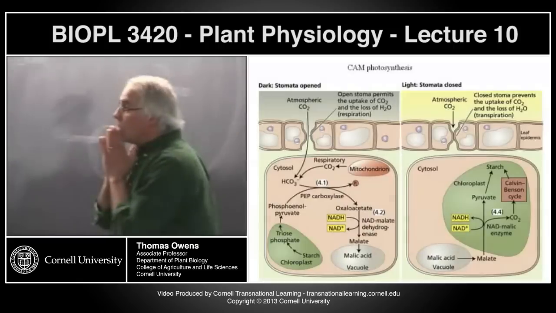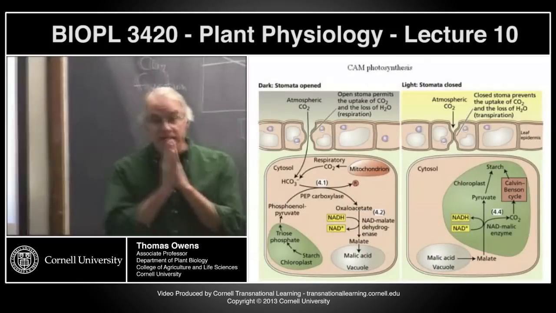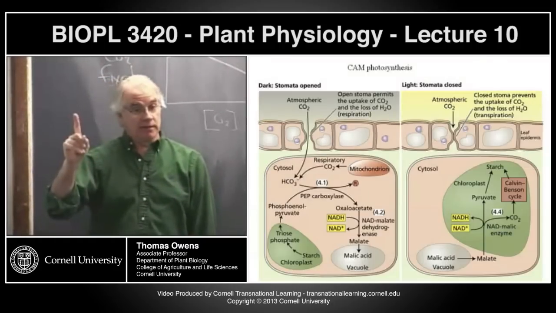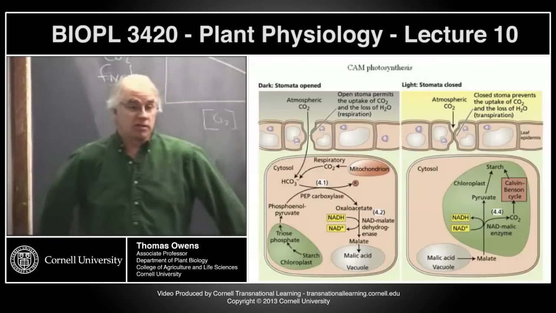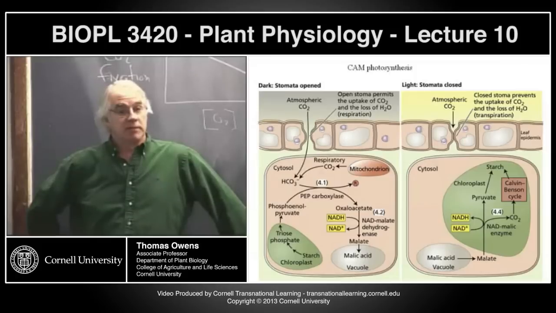So what we want to do is think about what's happening in the CAM plants that allows them to be two things: oxygen insensitive and be able to conserve water. So we saw that C4 plants are conserving water, but CAM plants do it in a very different way.